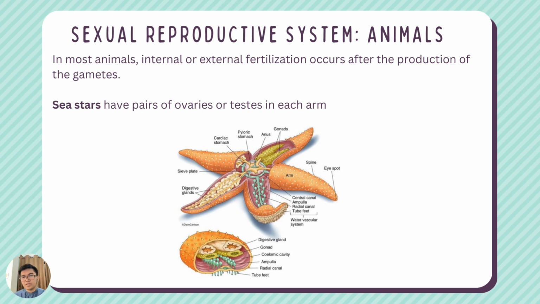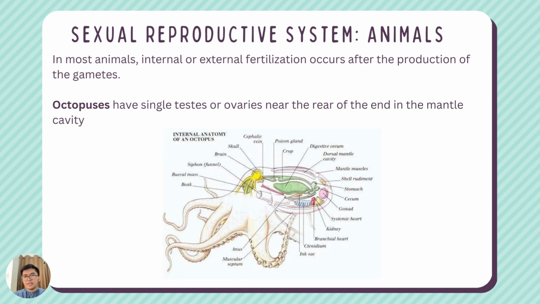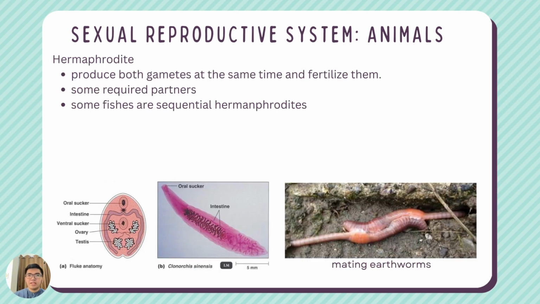Sea stars have pairs of ovaries or testes in each arm. Octopus have a single testis or ovary near the rear end of the mantle cavity.